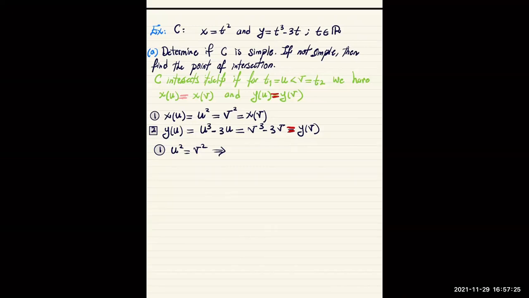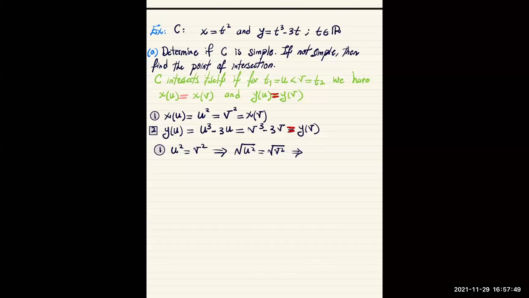You can move the v squared over and factor it out, or you can just take the square root to get rid of those squares. Very simple, as I said. Do square root of the left hand and the square root of the right hand. And that is going to give you absolute value of u equal to absolute value of v.